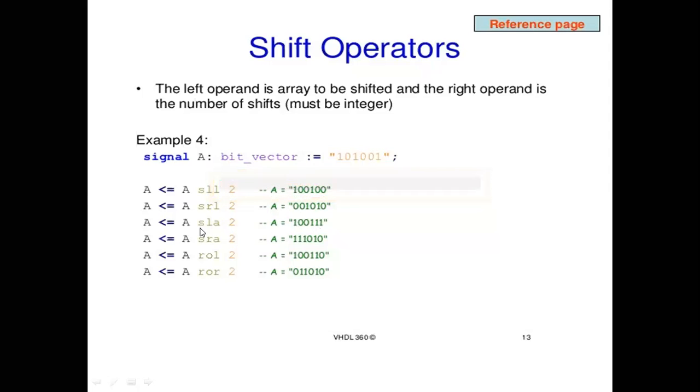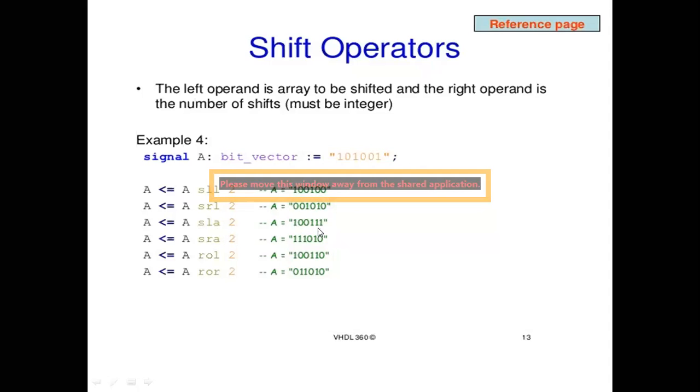So observe carefully, shift left arithmetic. The bits are shifted to the left side. How many bits? Here we mentioned 2, so 2 bits are shifted to the left side.